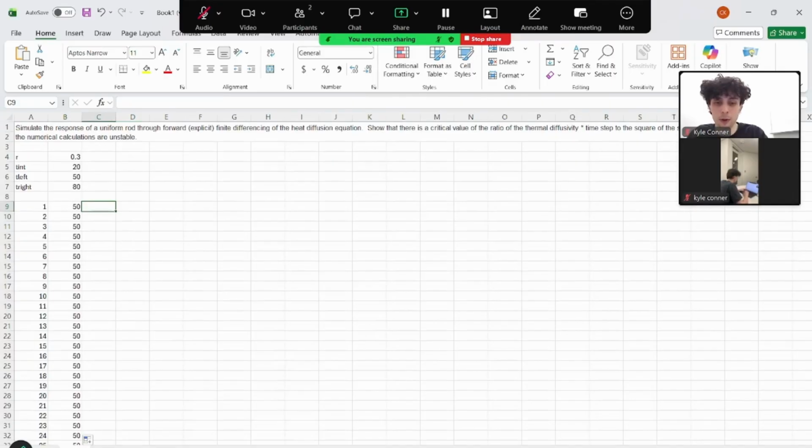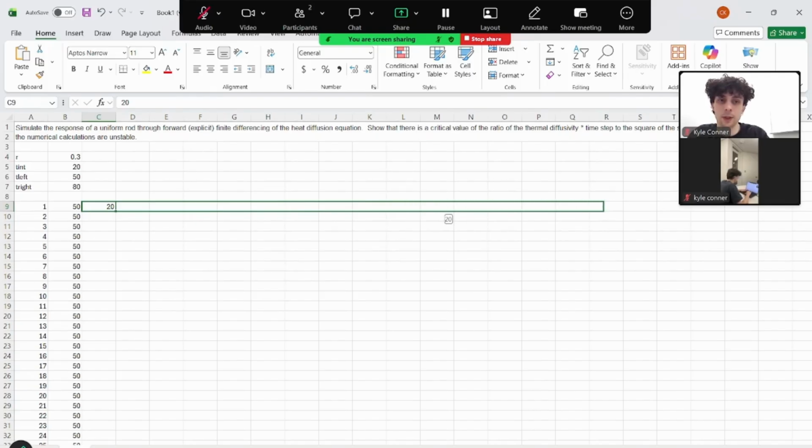Now we're going to have our temperature in the middle, which we will assume is 20. And then I am going to do 2, 3, 4, 5, 6, 7, 8, 9, 10, 11, 12, 13, 14, 15, 16, 17, 18, 19, 20.